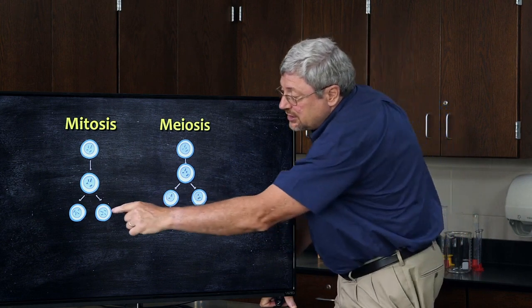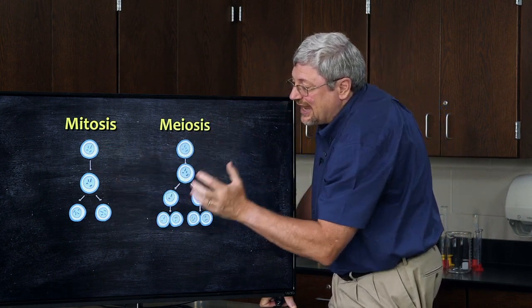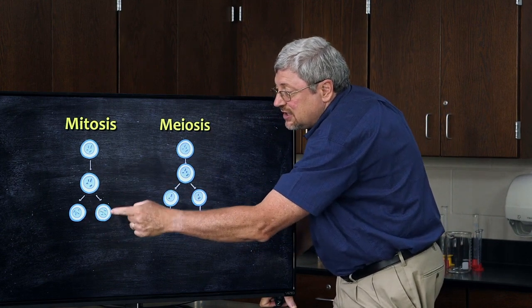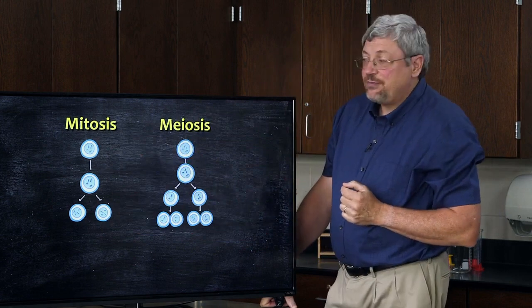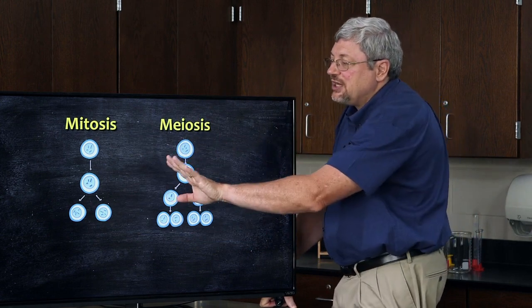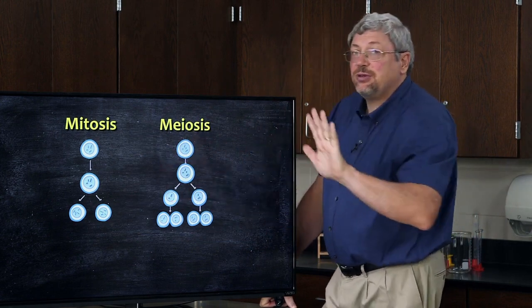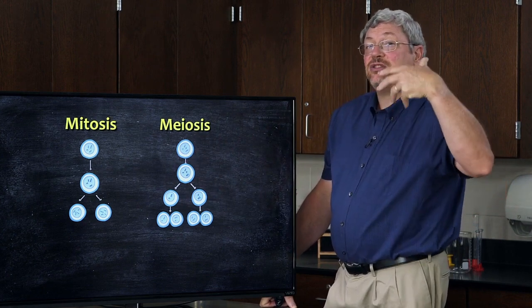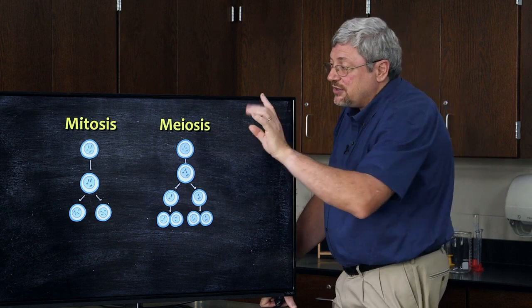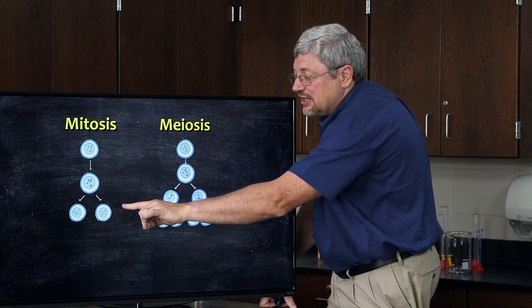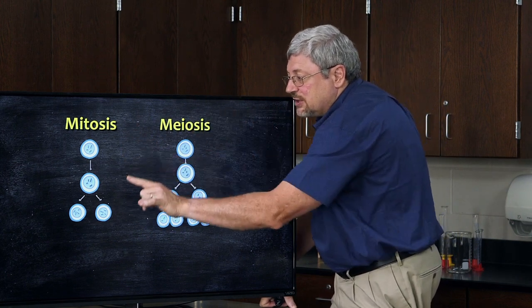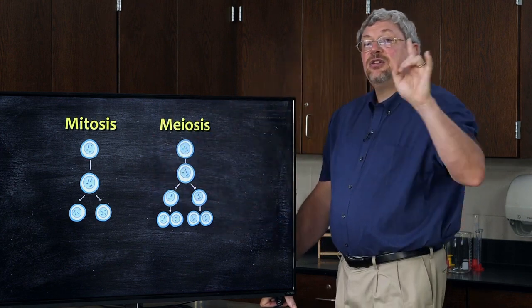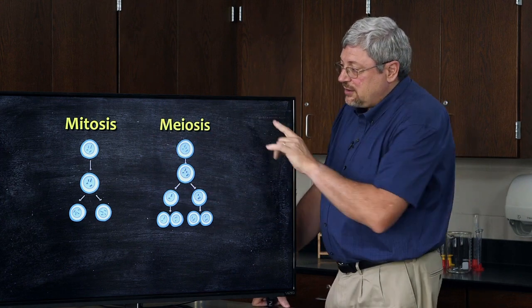In fact, you end up with cells that have the exact same components as each other, and they have the exact same DNA as the original cell. Mitosis duplicates your cell completely. So again, it's used for replacing cells that have died. It's used for growing. This is when you want to produce identical cells. 1 cell becomes 2, and the DNA is exactly identical to the original DNA.